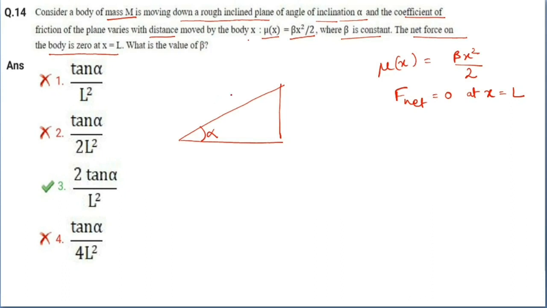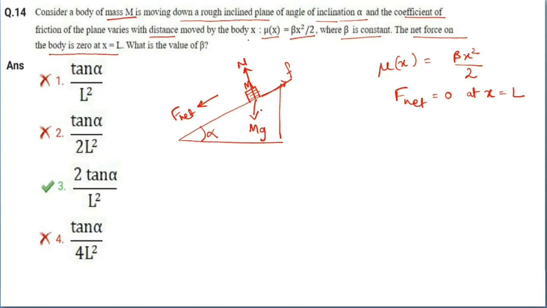Let's consider a body of mass m over this rough inclined plane. Suppose this is the body of mass m. Then what kind of forces are acting on this? It is inclined, so the net force is in the downward direction, and the frictional force must be in the upward direction. In this direction the normal reaction is there, and the weight mg is there.